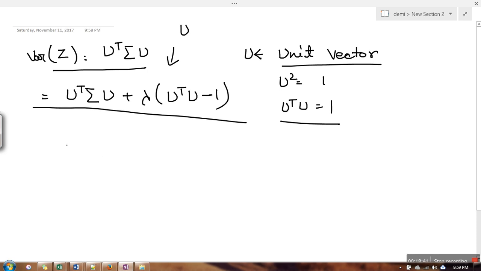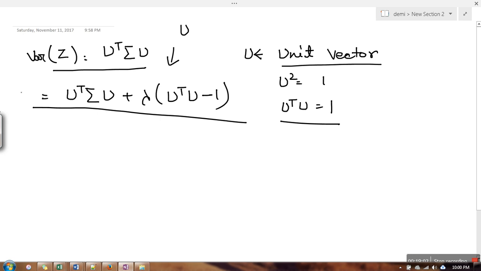So we will consider it as a maxima problem. How do we solve this kind of problem? We find the partial derivative of this expression with respect to u.